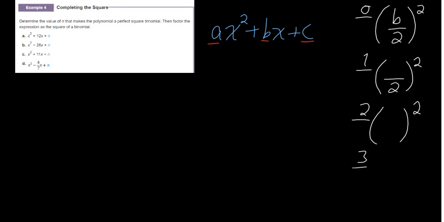The b here corresponds with this b here, the number in front of the x, or as the previous slide said, the linear term, which is just the x to the first power. So the b value is all we're looking at right now.